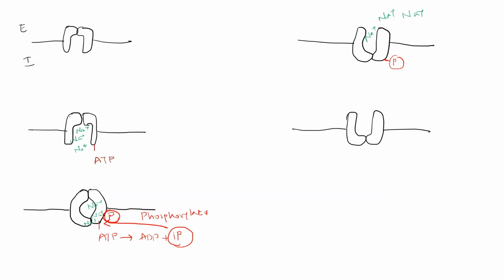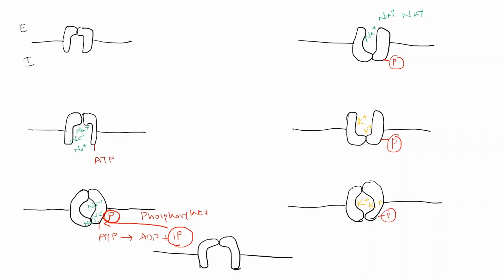Next, even though the pump has low affinity for sodium in this form, it has high affinity for potassium. So two potassium ions will now come and bind to the specific binding sites on the outside aspect. Once they bind, the pump again closes its mouth, trapping the potassium ions. At this point, the pump is still phosphorylated.